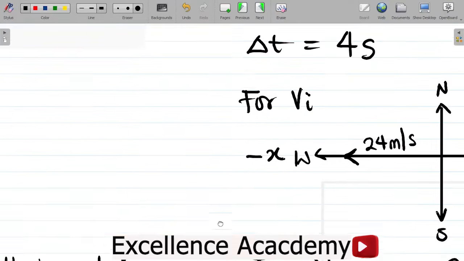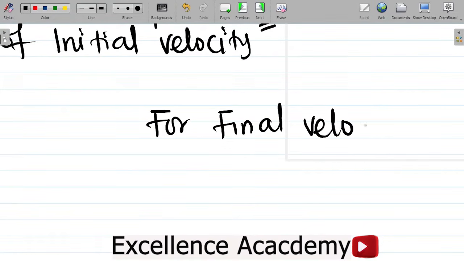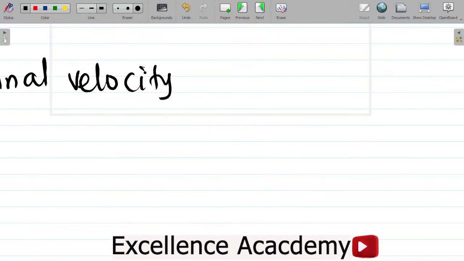All right, let's get the final velocity. For final velocity, I would come back and repeat the Cartesian coordinates. So you have this, and then you have this.